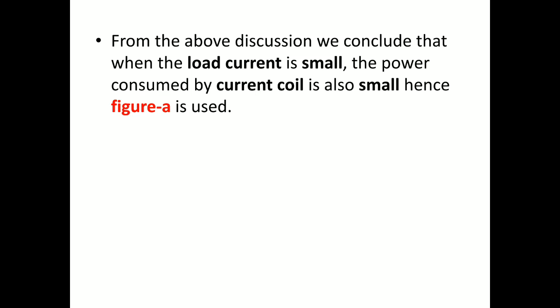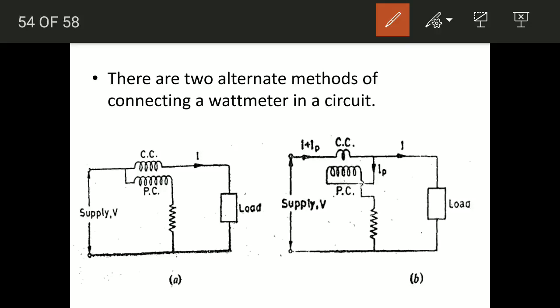Let me explain this concept clearly. If you see figure A carefully and consider that the magnitude of load current is small, then the same current is going to flow through the current coil of that particular circuit, and the amount of power read by wattmeter is going to be equal to the power consumed by load plus the power across this current coil.